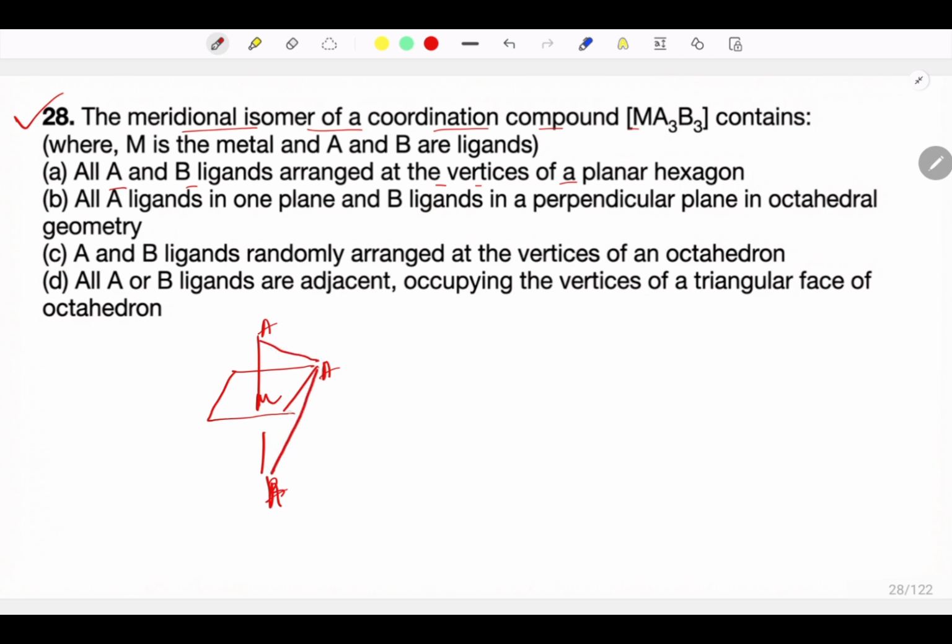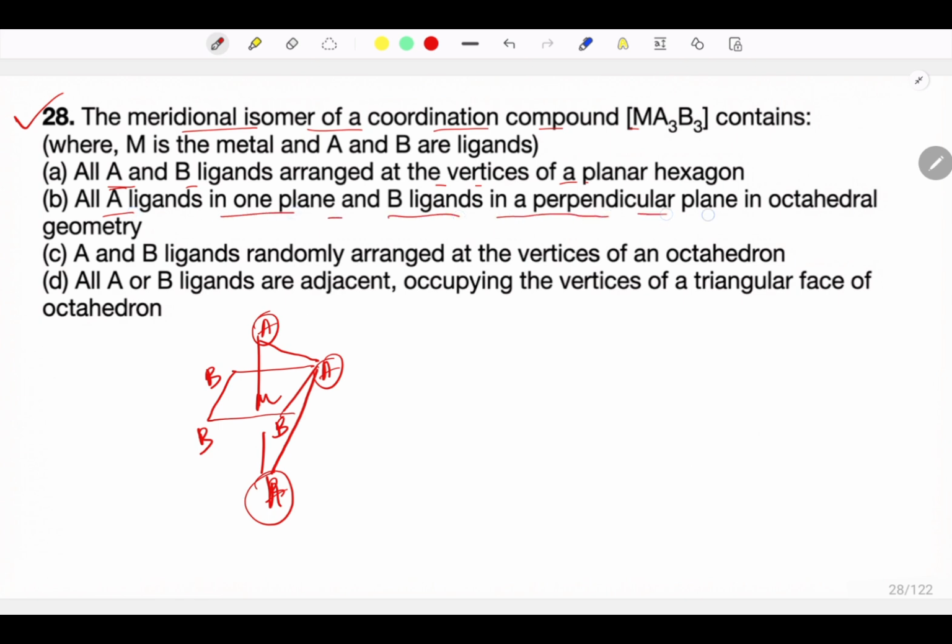In the octahedral, three atoms are present in a single plane. So all A, and the other B, here B, here B, here B. So all A and B ligands arranged at the vertices of a planar hexagon, that is not possible. And all A ligands on one plane, yes.